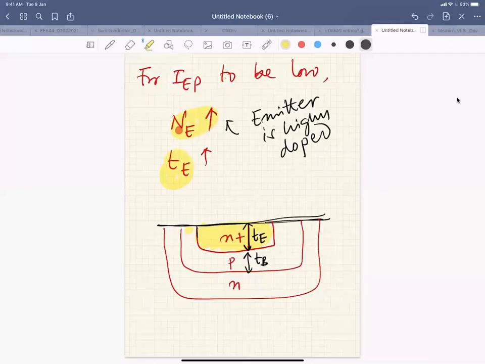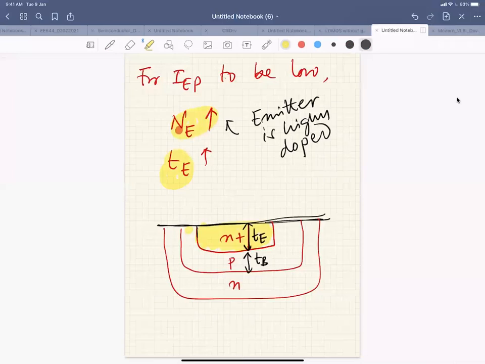In a traditional transistor, changing the emitter thickness is very difficult, because the moment you increase the implantation energy of the emitter implant, you have to increase the implantation energy of the base implant, because the base is below the emitter. Similarly, you have to increase the implantation energy of the collector, because the collector is below the base and emitter. So as you go on increasing the energy of the implanter, it is very difficult to control the doping and the depth.